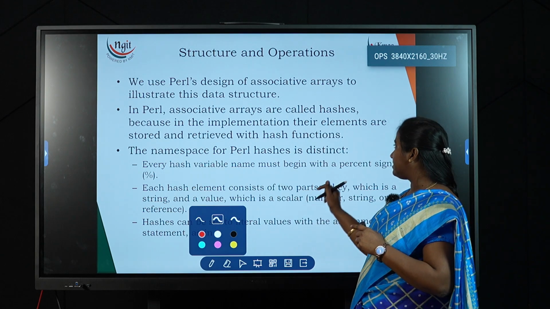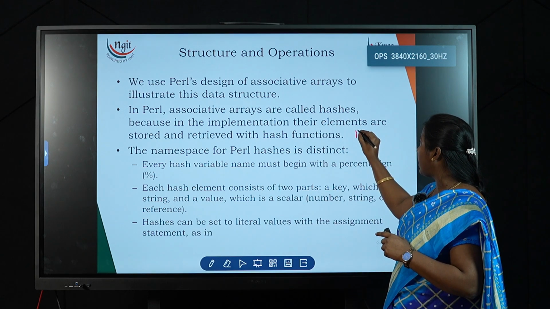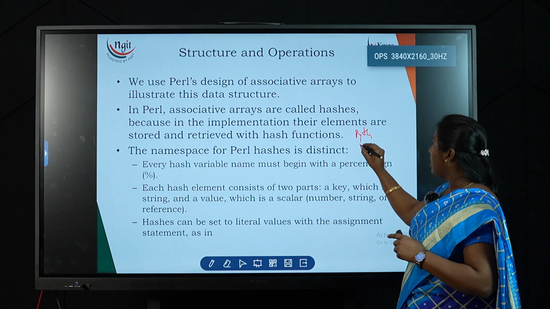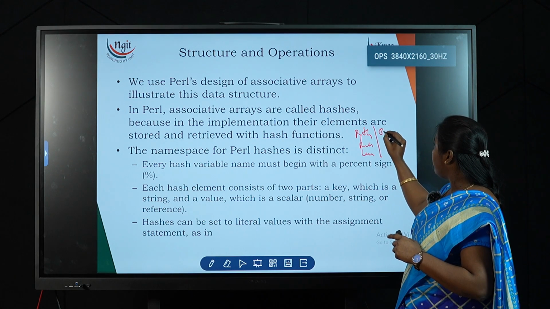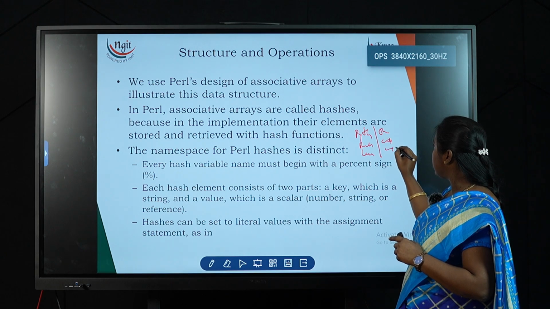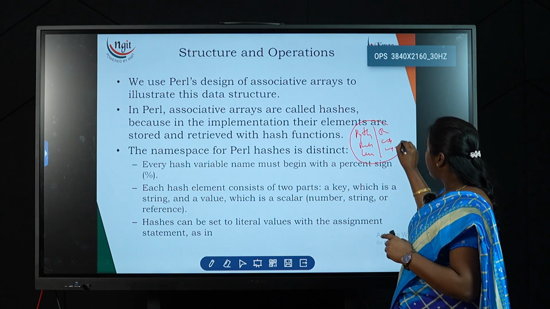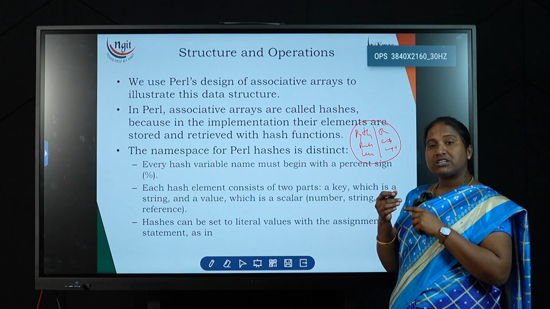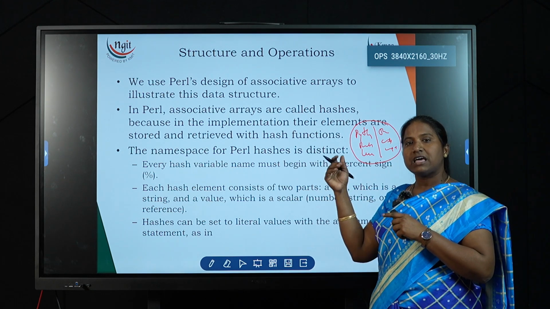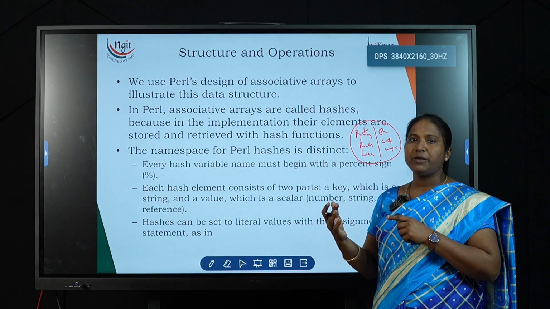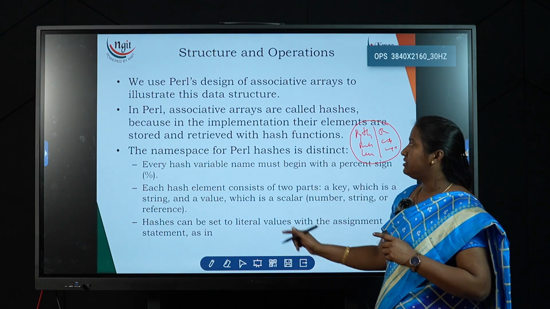I told you in the previous slide about a couple of languages: Python, Ruby and Lua, Java, C#, C++. These languages will not use the data structure in the same way as Perl. Perl takes the hash table in a different way. That different way I will teach you with this slide.